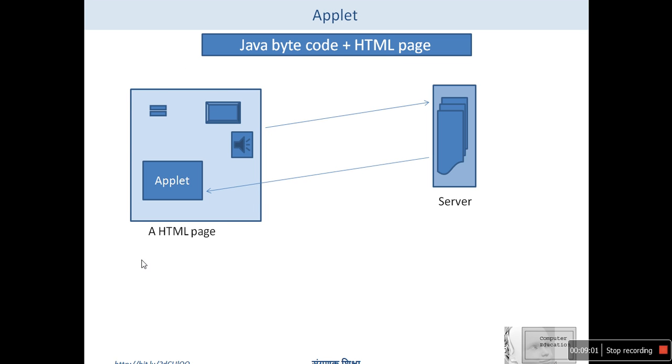So to include functionality or some dynamic behavior on the web page, we introduce an applet inside your HTML page, and this applet can be included by tags. Let me brief you on what tags and markup languages are.